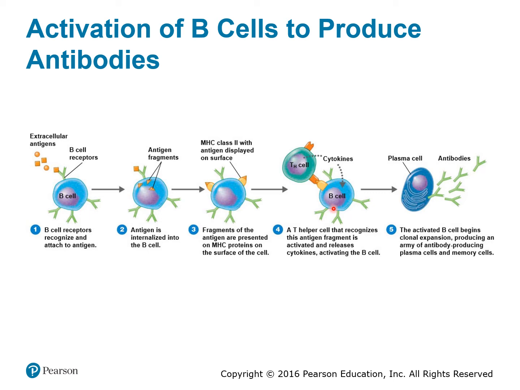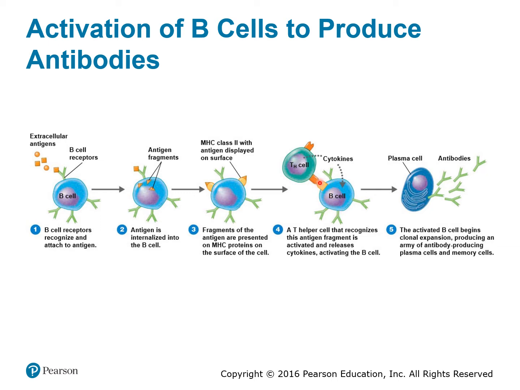So as I said, there are multiple ways of activating a B cell. One way is for the B cell to directly bind to an antigen. Another way is via helper T cells.